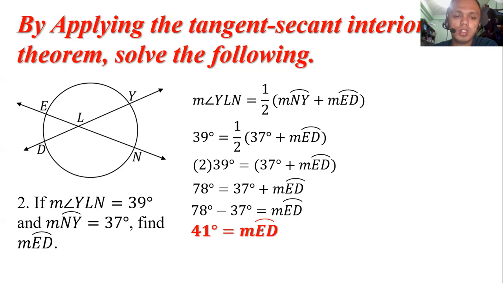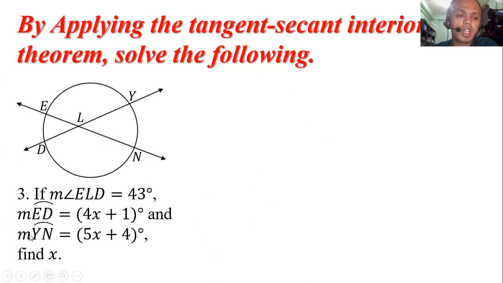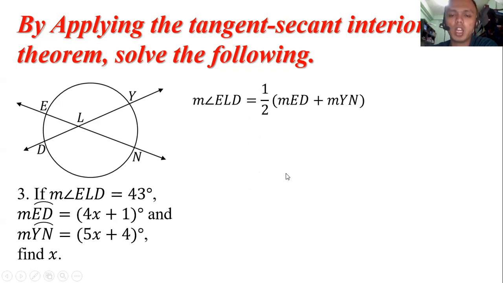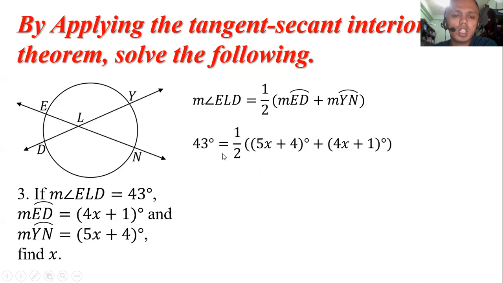Next, number 3, our ELD is 43 degrees, ED is 5x plus 4, and our YN is 4x plus 1. Find your x. Again, using this formula, ELD is 43 equal to 1 half times ED, 5x plus 4, plus YN, 4x plus 1.